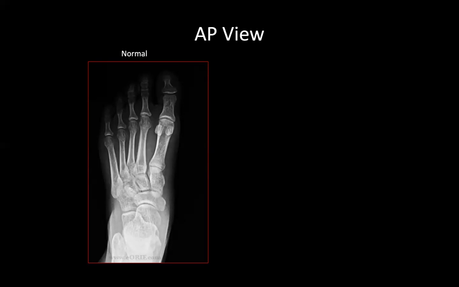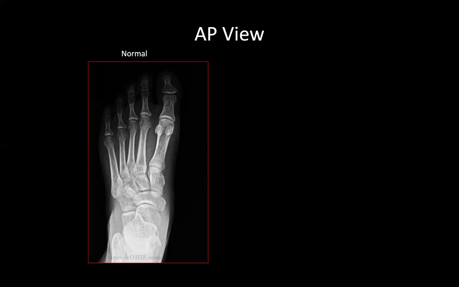For the radiographic evaluation, we will go through systematically. We generally use the AP, the oblique, and the lateral view of the foot. On the AP view, you should assess all of the tarsal-metatarsal joints, really all the joints of the foot.